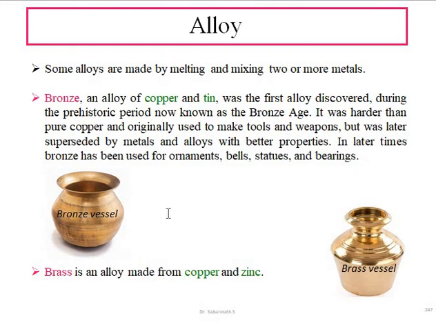In later years, the bronze has been widely used to make ornaments, the bells which we see in the temples and churches, various statues, and for bearings and all. So brass is also another alloy which is widely used, and you can identify it from the figure itself. It is basically an alloy of copper and zinc.